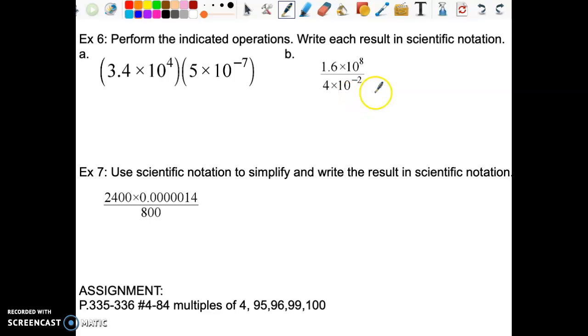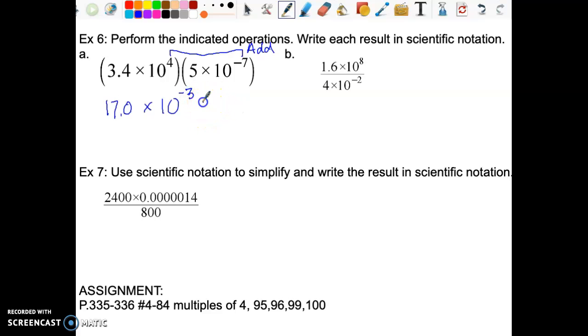And then we're going to throw in some scientific notation at you as well. So the main thing here is when you're multiplying 3.4 times 5, let me just get that down. 3 times 5 is 15, but 0.4 times 5 is 2.0, so it's really 17.0 times 10. Remember, you add your exponents here. When you're multiplying, you add your exponents, so 4 plus -7 is -3.